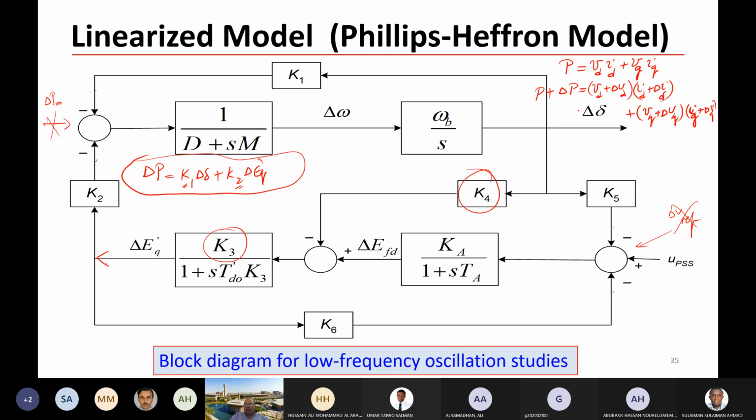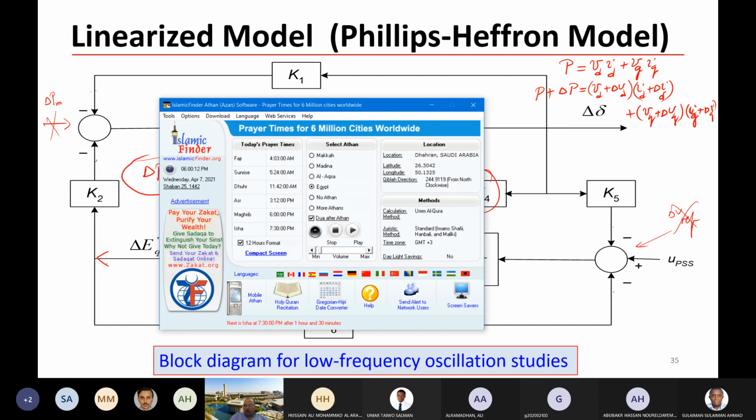Of course, you can expand. This becomes Vd Id and Vq Iq, and this Vd Id plus Vq Iq will go with this value B. So the remaining will be equal to delta B.